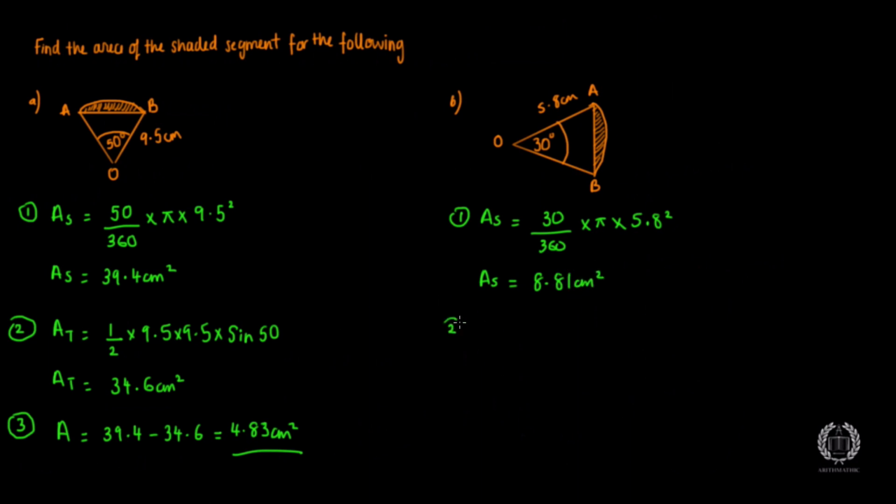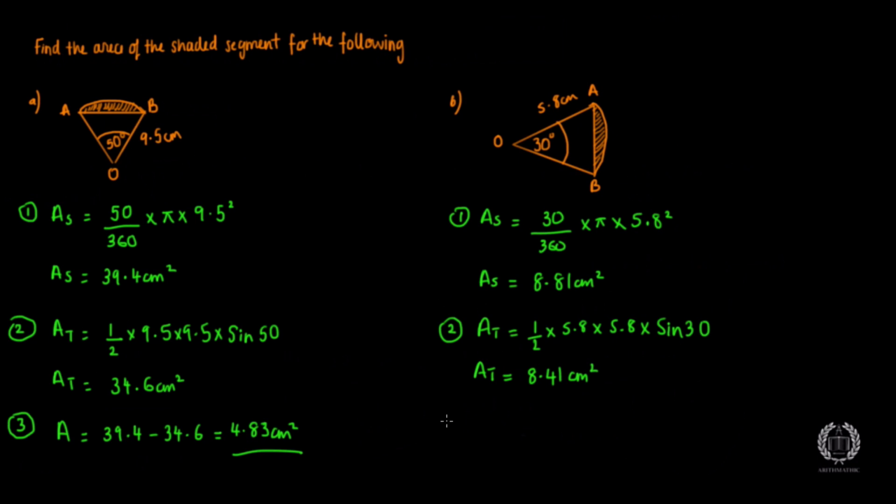And the second step now is to find the area of the triangle, which is half AB sine C. So it's going to be a half times my length, which is 5.8 times 5.8 times sine C. So sine C is your angle, and my angle in this one is 30. If you put this all in your calculator, the area of the triangle is going to be 8.41 centimeters squared.